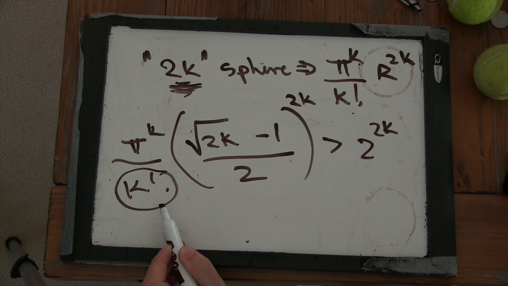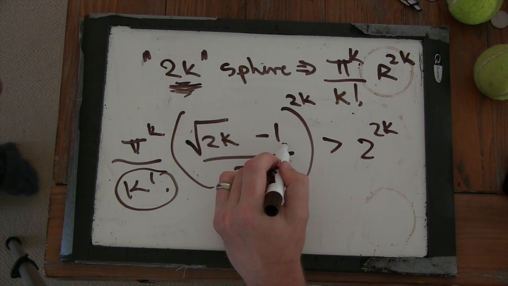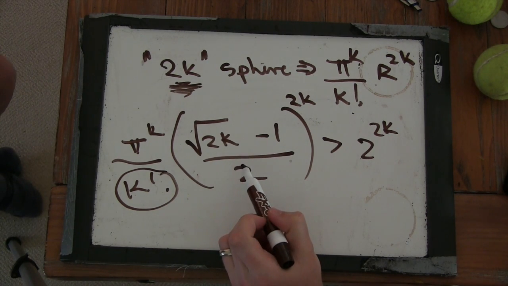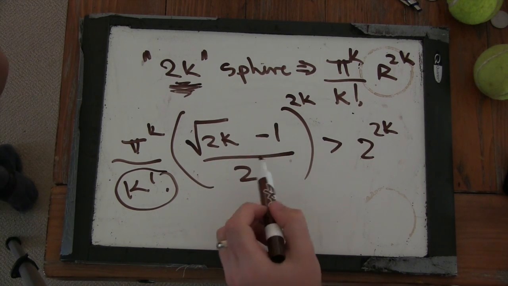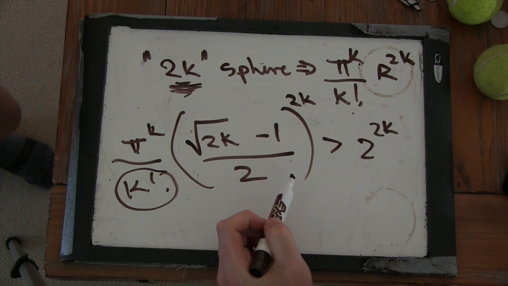Let's see what happens here. I've got the square root of 2k minus 1, to the 2k. We can leave it like this because we're going to do this on Wolfram Alpha, or Mathematica.